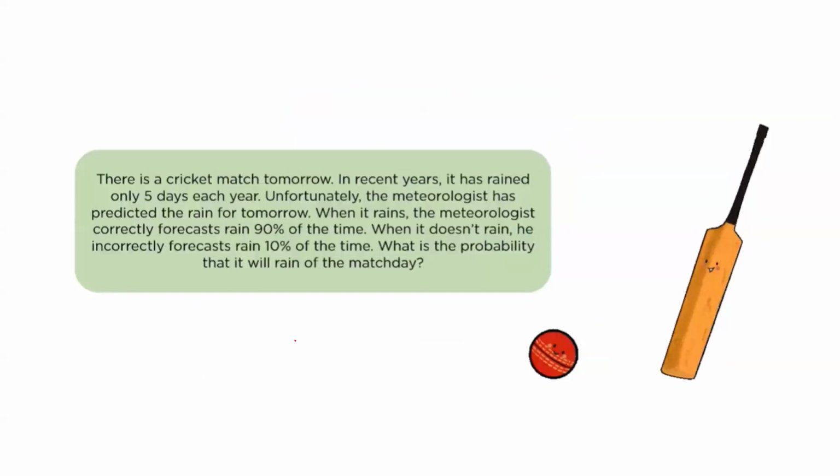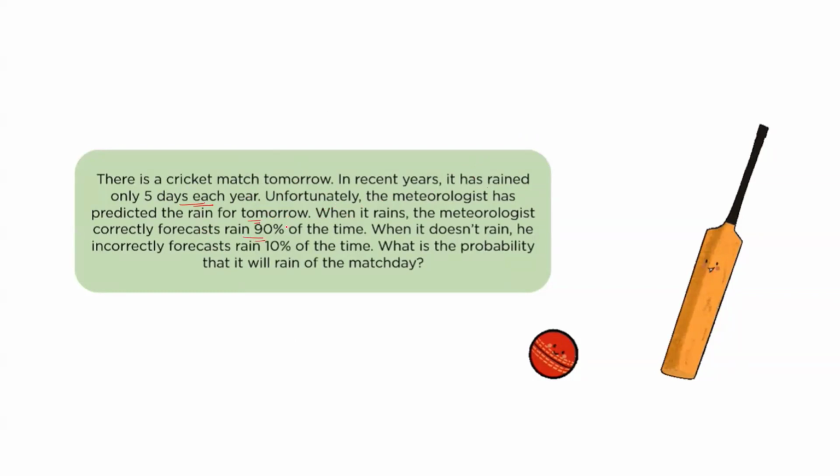Let us see some examples to make clear how we are going to find the probability using Bayes theorem. Here is a problem statement. There is a cricket match and, as per previous data, in recent years it has rained only 5 days each year. Unfortunately, the meteorologist has predicted rain for tomorrow. When it rains, the meteorologist correctly forecasts it 90% of the time.